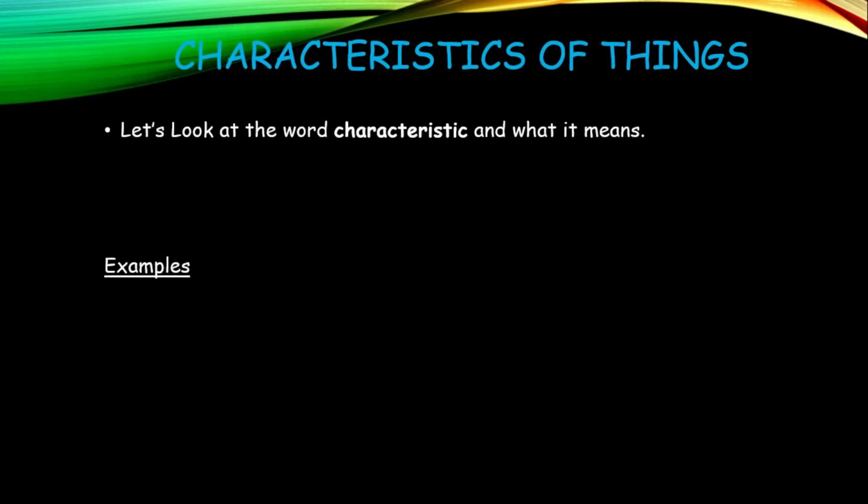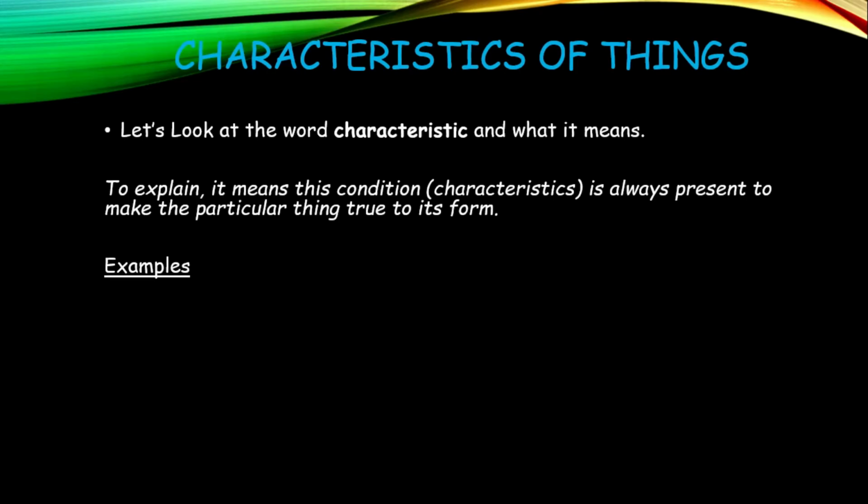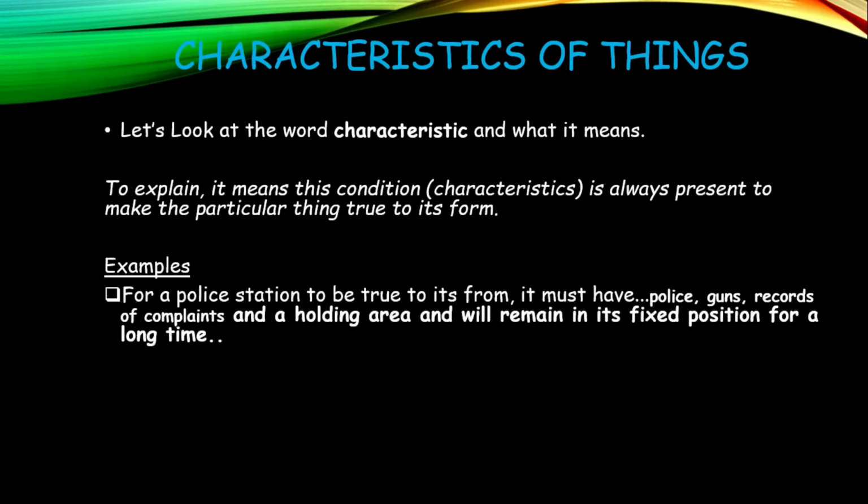Now, characteristics of living things. Let's look at the word characteristics and what it means. To explain, it means this condition, characteristic, is always present to make the particular thing true to its form. So the characteristic of anything is usually present, and if it is not present, then the thing would not have been true to form.